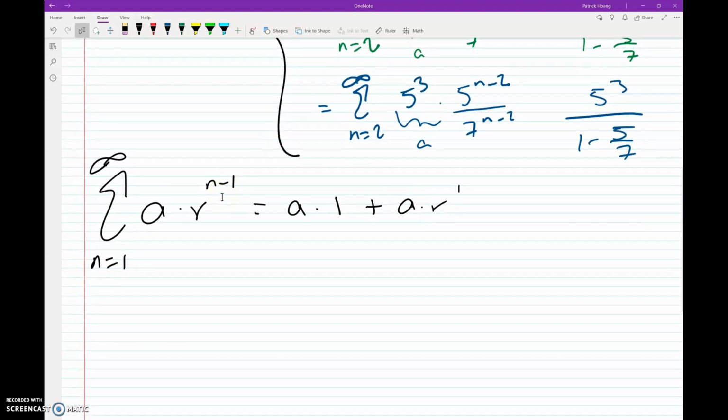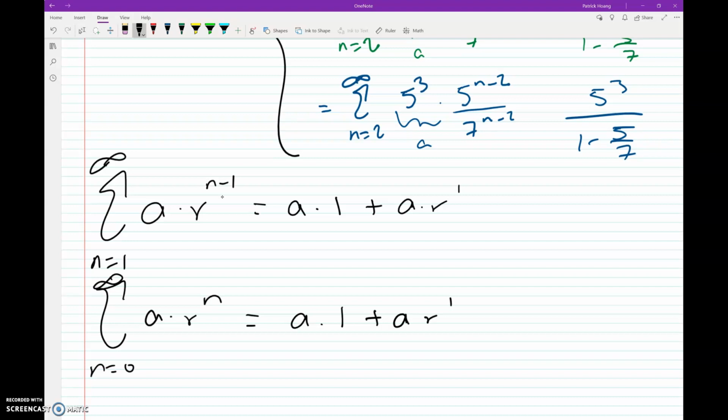Let's look at the second one. It says that from n equals 0 to infinity, a times r to the n would converge. So let's substitute in those values. When n is equal to 0, r to the 0 is 1 times a, would just be a. When we substitute in 1 for n, r to the 1 is r to the 1, and that a value is still there.